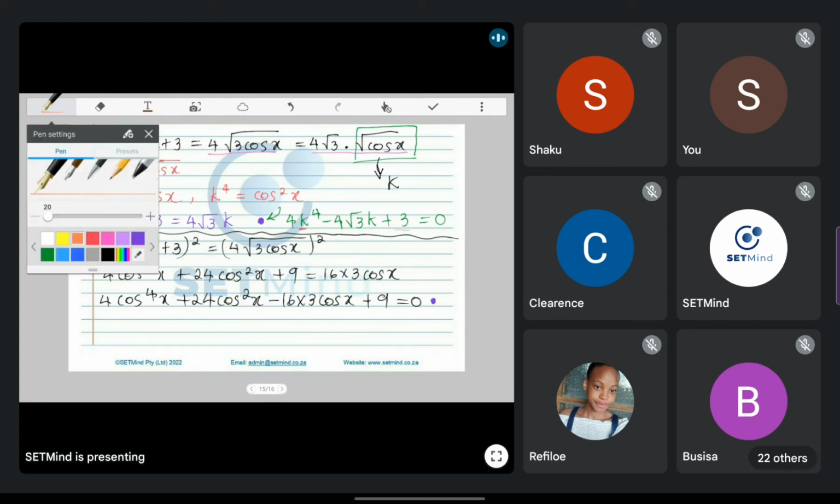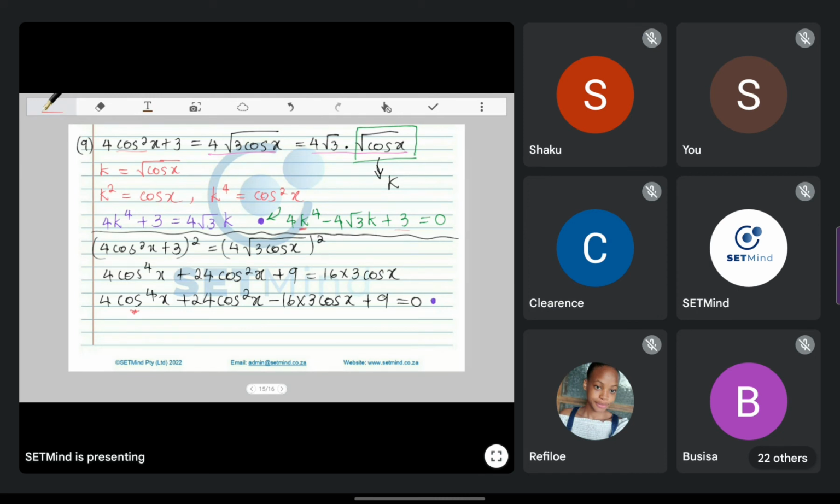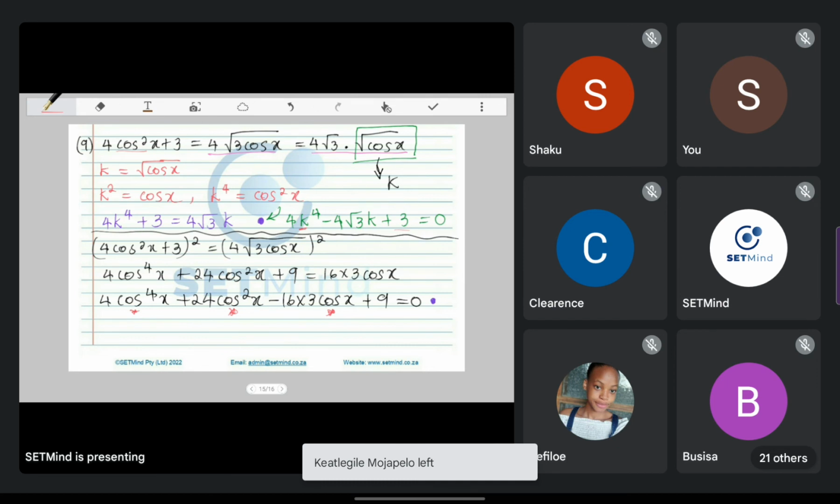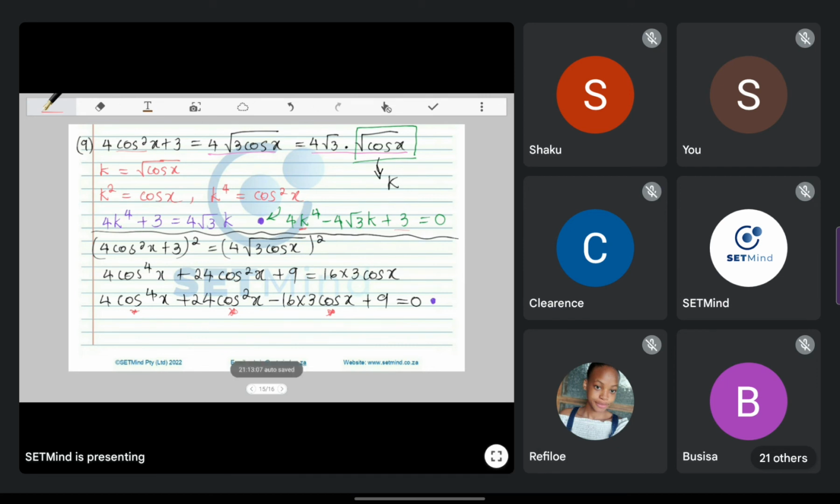Okay, let me think of some. One, it's 4 plus 24 minus 6 times 13. So is there anyone who got the answer?